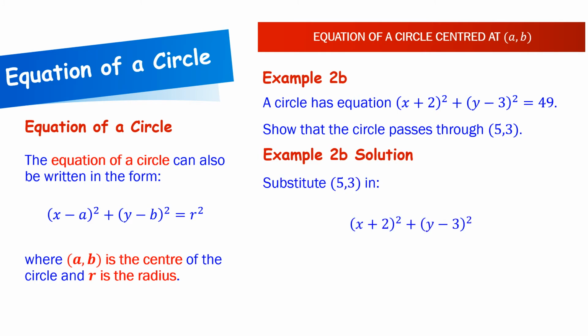Substitute (5, 3) in (x + 2)² + (y − 3)². We intend to show that this equals 49, and this will prove that the circle passes through the point (5, 3). So let's substitute in the values. x equals 5 and y equals 3 are input here and here.